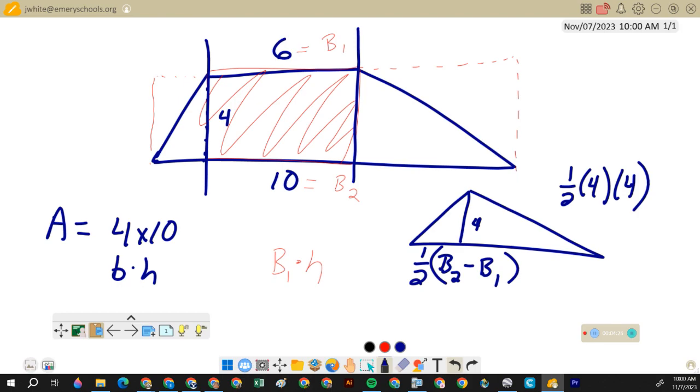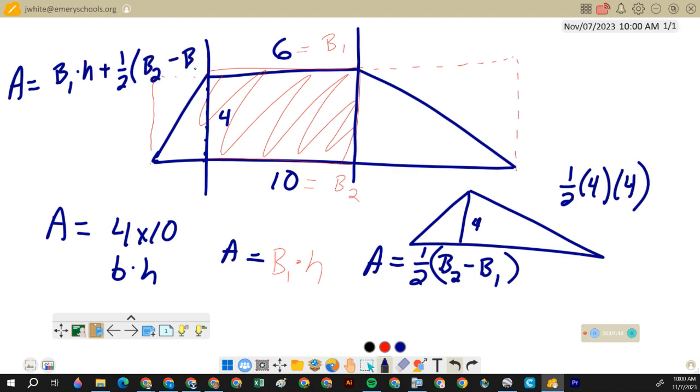And what should I do with those two areas? So this is the area of the rectangle, and this is the area of the remaining triangle. So the area of the trapezoid is simply base 1 times h plus 1/2 base 2 minus base 1. Oh, times h. I didn't put the h in there. Times h. Okay?